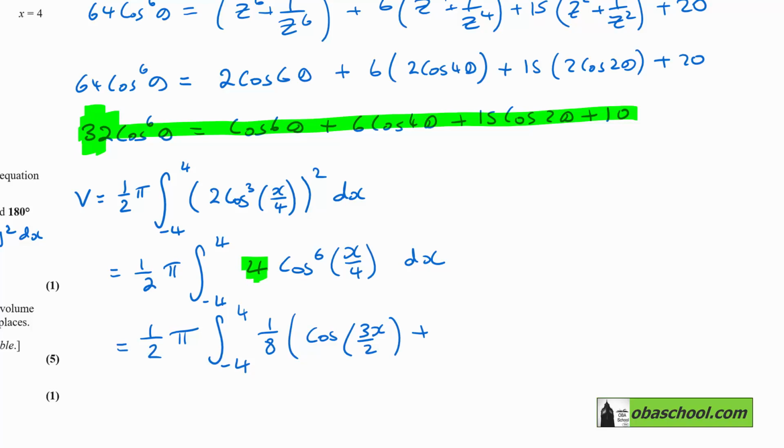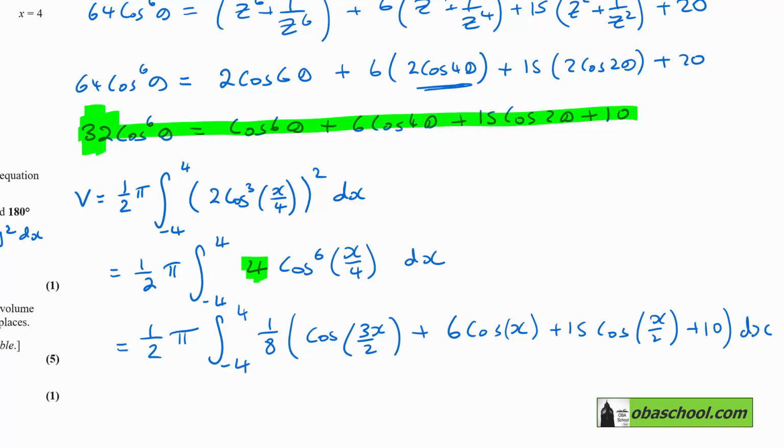Then same sort of thing with the next one. It's cos 4 theta. And remember, we're using cos x over 4. So that one's going to just be 6 cos x. And then the next one will be 15 cos x over 2. And then we have the 10. So all of that being integrated with respect to x.